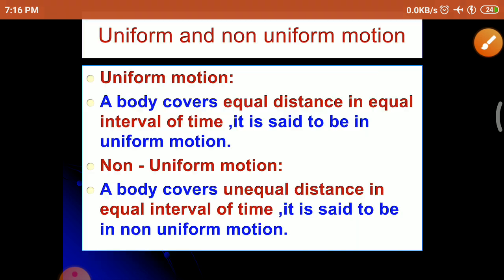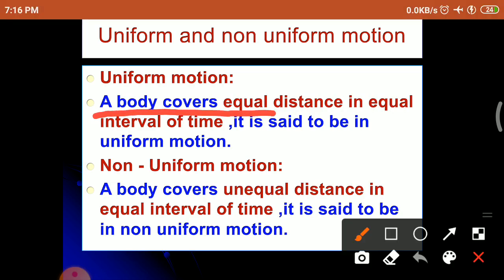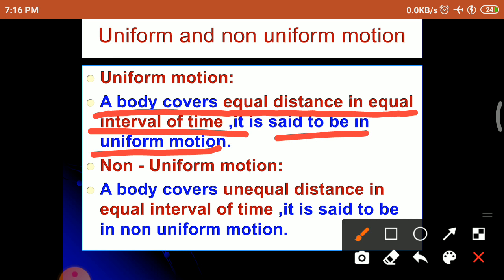Now you can understand the definition. A body covers equal distance in equal intervals of time, then it is said to be in uniform motion. If the body covers unequal distance in equal intervals of time, then it is said to be in non-uniform motion.